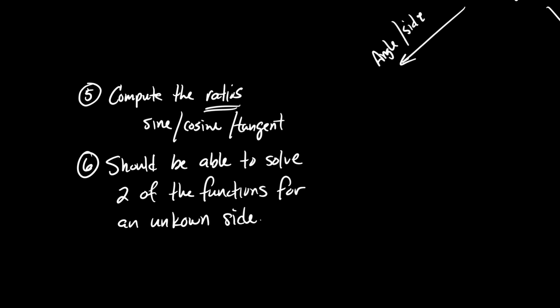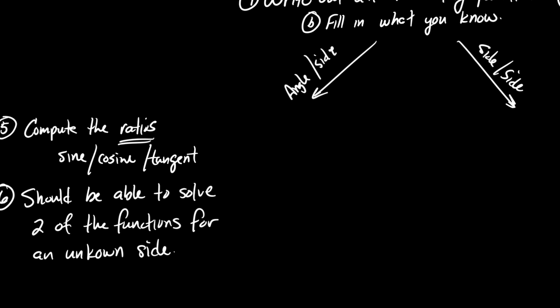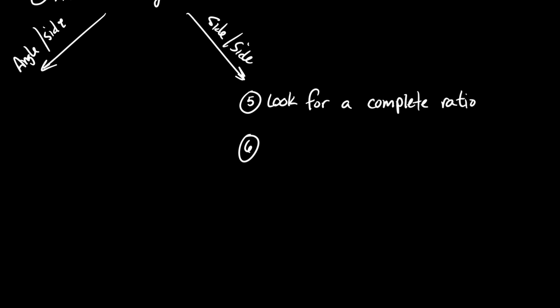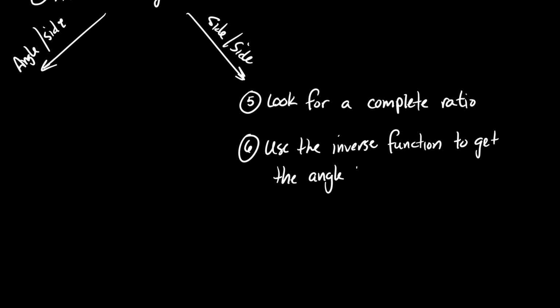So when I look, now choose our own adventure, we have a side issue going on here. So we will have to do things a little differently. So for the side case, step 5, look for a complete ratio. Use the inverse function to get the angle that goes with this ratio.